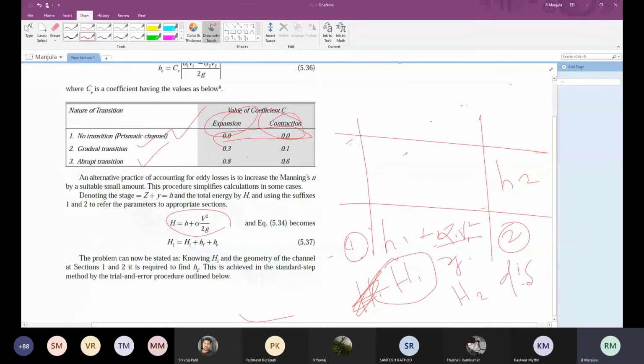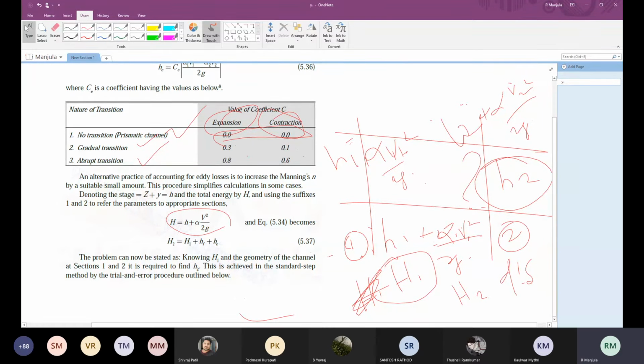And this is h2 plus alpha v2 square by 2g. Now I know my h1, I know alpha v1 square by 2g, and I am going to find out what my h2 is. And this is what you are going to achieve by the standard step method.